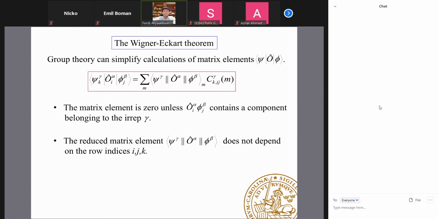Yeah, the Wigner-Eckart theorem can be understood in terms of these decompositions of product representations into their irreducible components. So we want to calculate in general matrix elements of this type here.